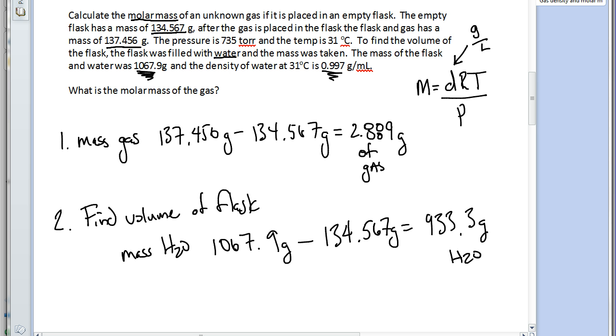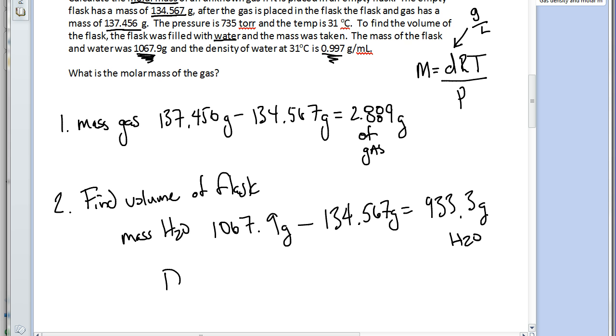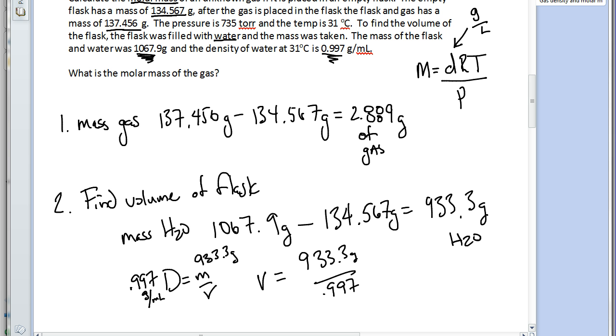Then I'm going to use the density formula, density equals mass over volume. They gave me the density of water being 0.997 grams per milliliter, and I now know that the mass of the water is 933.3 grams. So I'm going to solve this equation for volume. Volume is equal to 933.3 grams divided by 0.997 grams per milliliter.